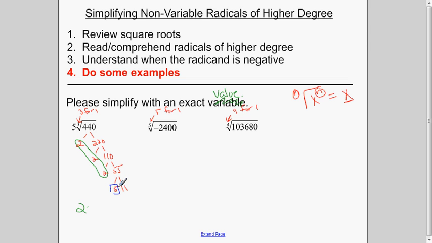Because I don't have 3 of them, I won't be able to pull them outside the root. So they're going to stay inside the cube root. And I could just say that they're 55. And I've got to make sure that in my writing, I bring down this 5 as part of the problem. So it's 5 times 2 times the cube root of 55, which just makes the answer 10 times the cube root of 55.